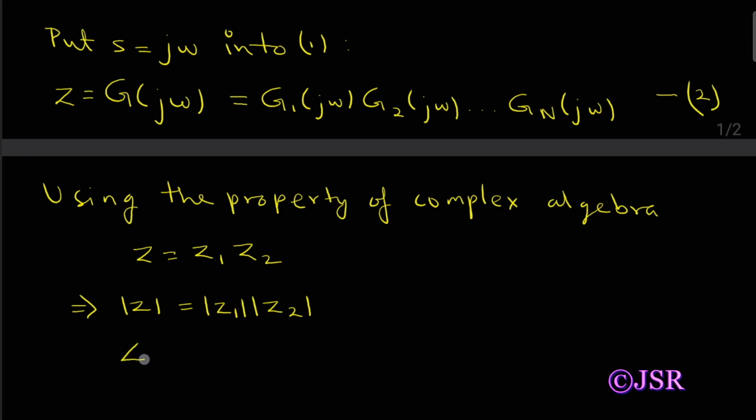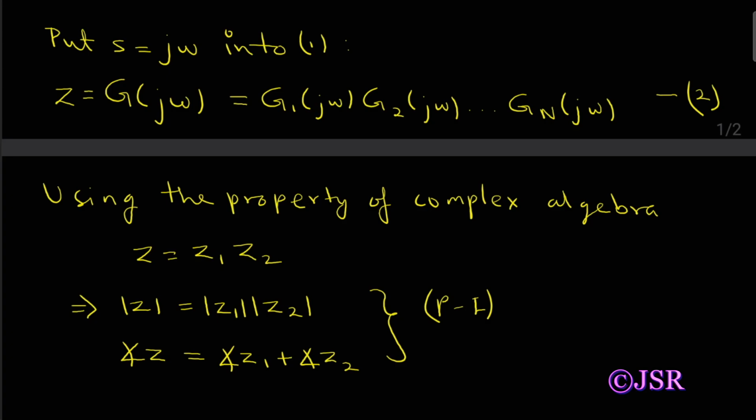Similarly, the argument of Z will be equal to the argument of Z1 plus the argument of Z2. Let's say this is property first.